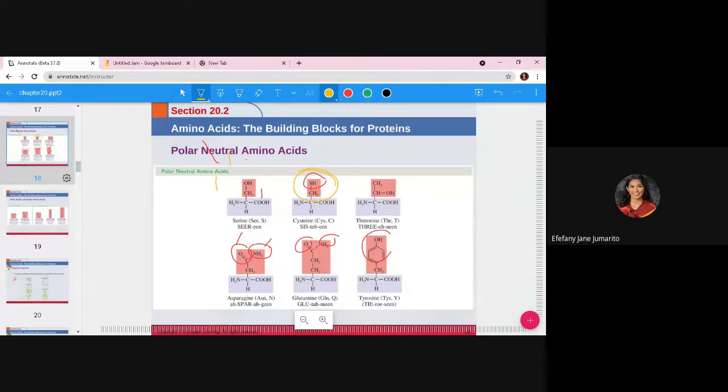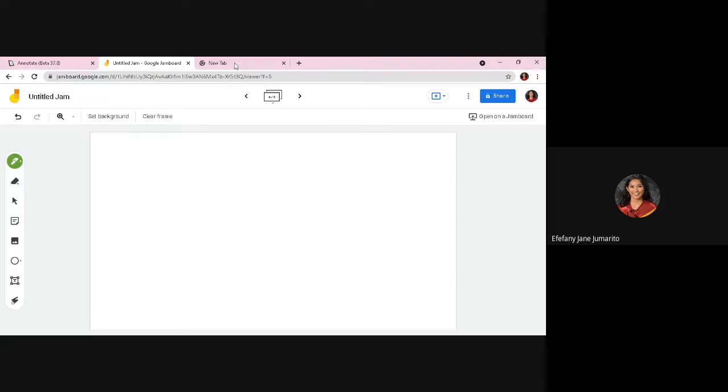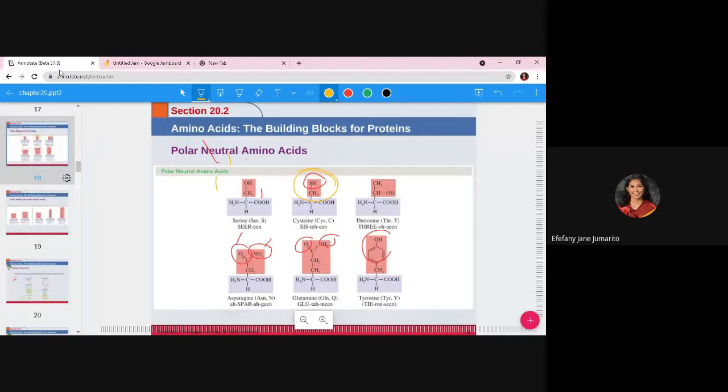Okay, NH2, alanine. Okay, the structure of asparagine is, we have that one.